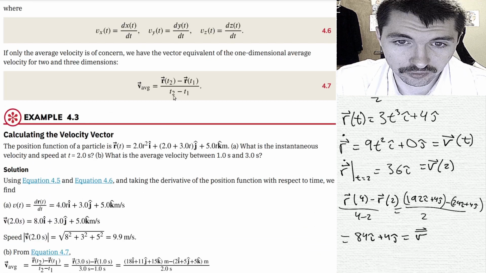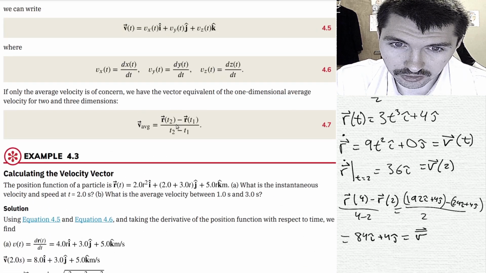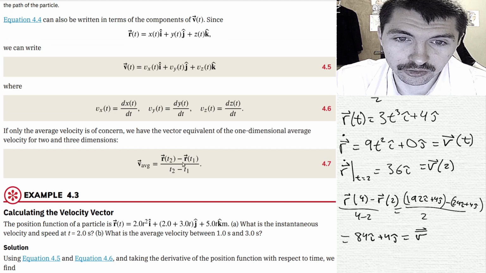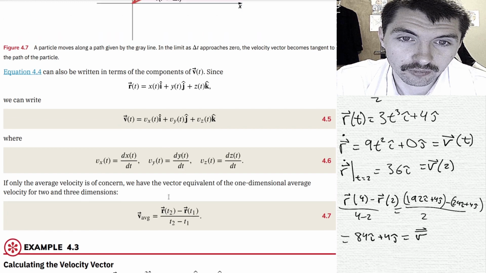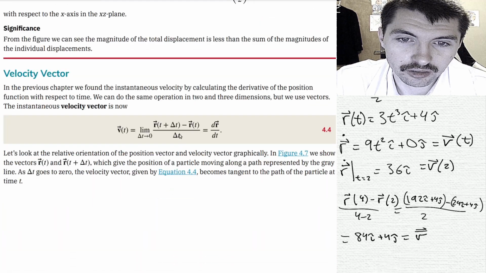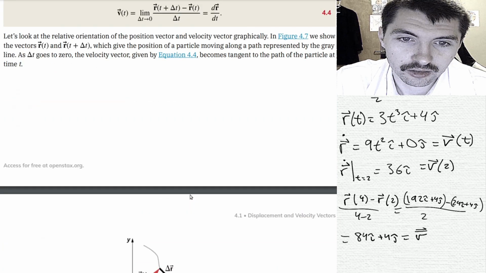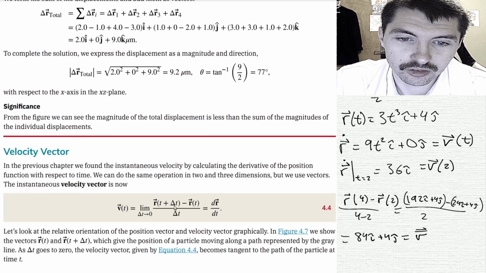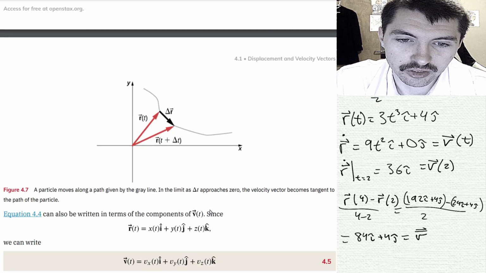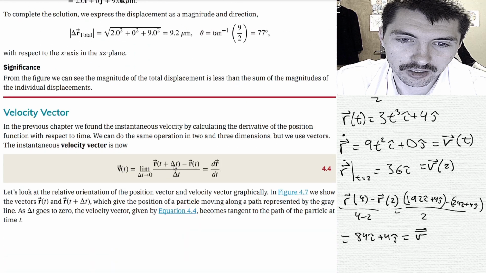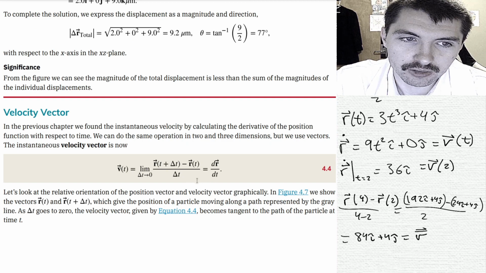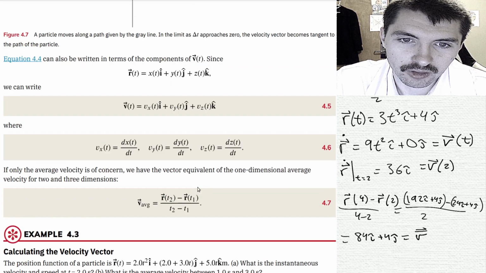You have to realize average velocity isn't really using any calculus because you're using discrete values. This is like taking the average, but in infinitesimals. So you can see how this function is kind of like this one, except you're adding delta t and dividing by delta t.